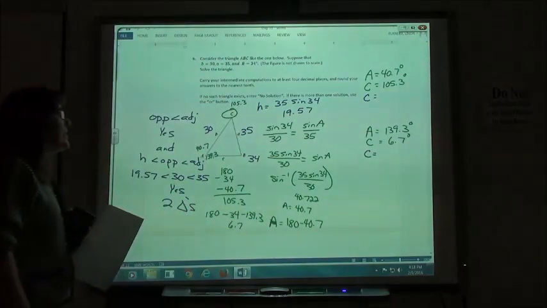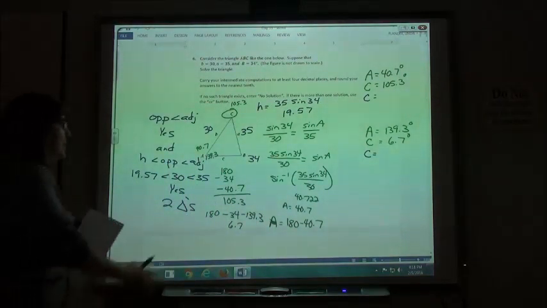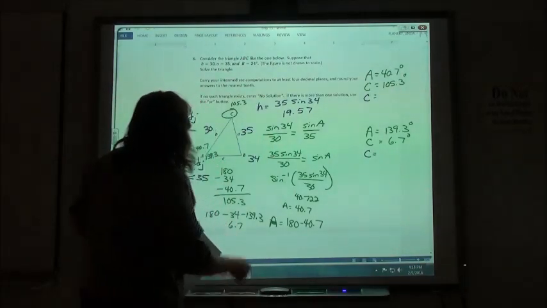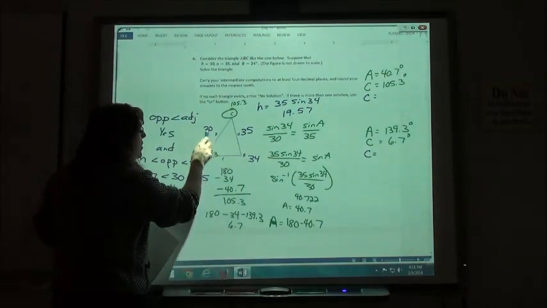So in order to find side C, we're going to use the law of sines on both of these two things. So the given one was the sine of 34 over 30.